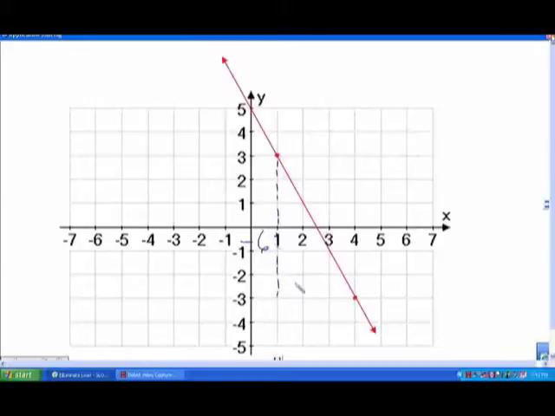That's a -6, or a fall of 6, and then a run of 1, 2, 3 units. So our slope would be a fall of 6 units over a run of 3. Simplify that fraction, you'll get -2 over 1, which we always write as a whole number when it's over 1, and simply have a slope of -2.